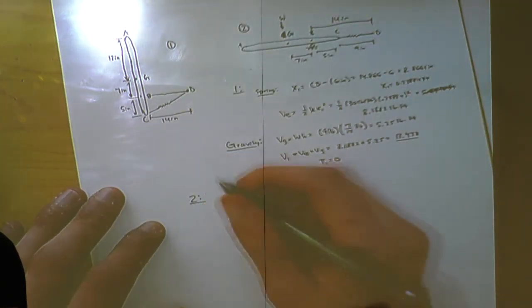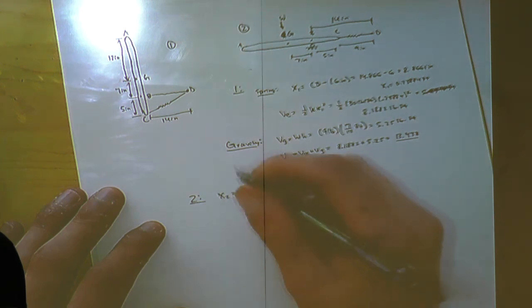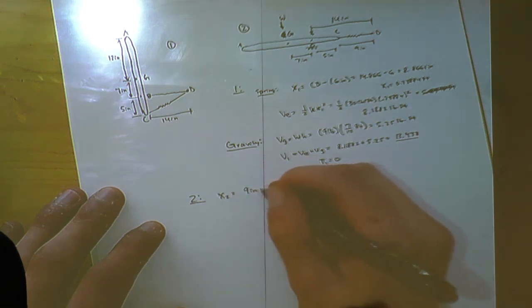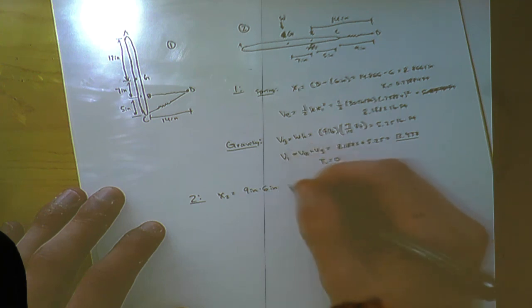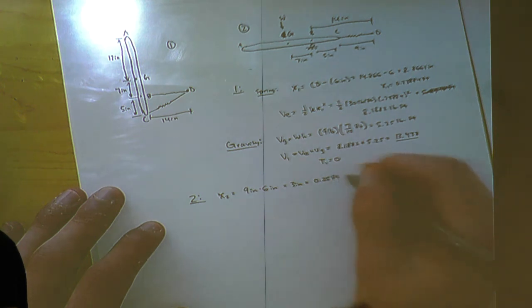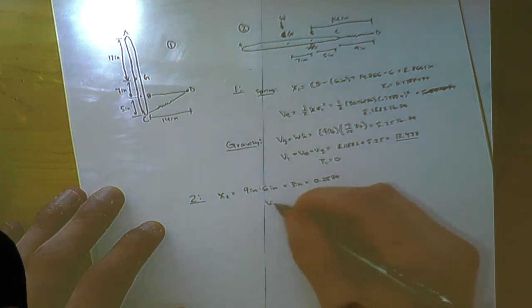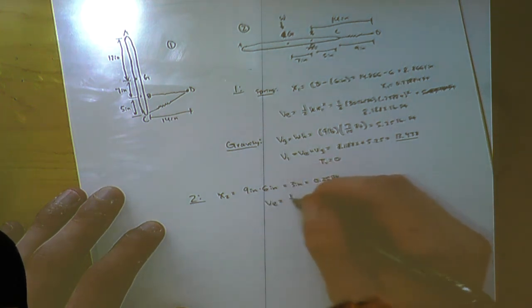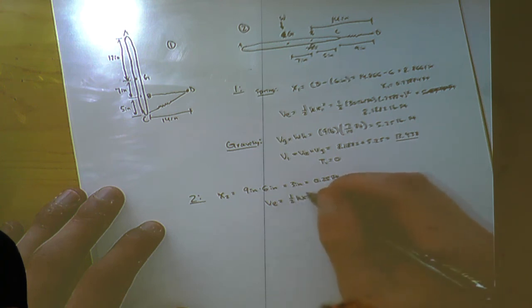At 2, we have x2 is 9 inches minus 6 inches equals 3 inches, or 0.25 feet. So VE is 1/2 k x2 squared.